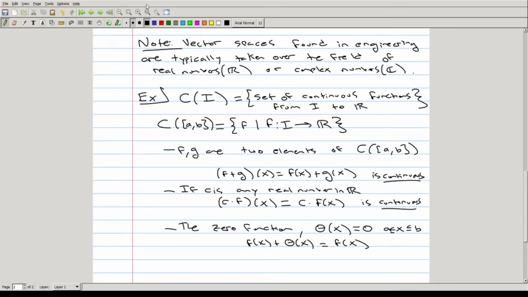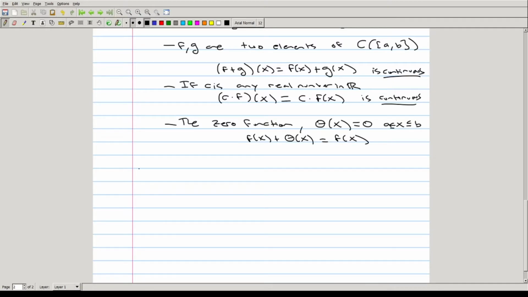Now, note that unlike the examples of Rn and Cn, where Rn has dimension n, and Cn, the Cartesian product of the complex numbers, has dimension 2n, these are both finite dimensional vector spaces.